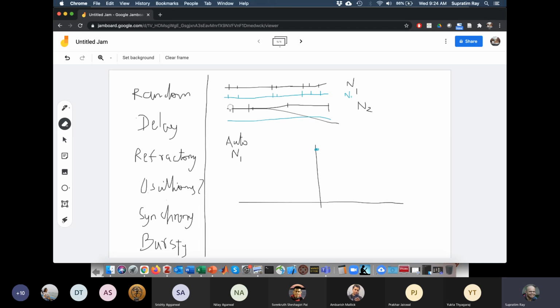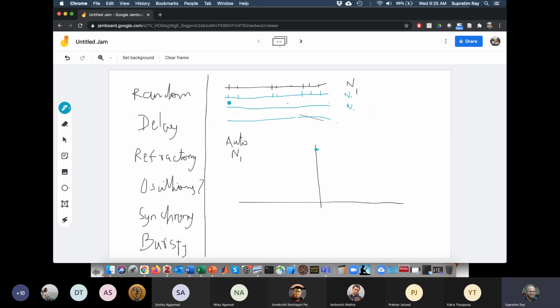Sorry, I'm just going to rub this off. So when N1 and N1 are all aligned, this is the value of the cross correlation at a lag of 0. Then let's say I'm looking at the lag of 1.